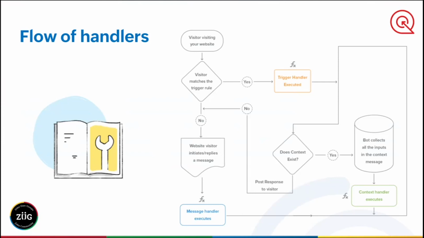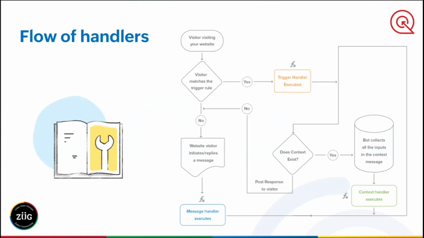So first, let's just say a visitor lands on your website. When the visitor matches the trigger criteria which was set while setting up the Zobot, the bot triggers and sends out the message automatically. When the visitor doesn't match the trigger criteria set, and they initiate a chat, that's where the message handler will get executed.